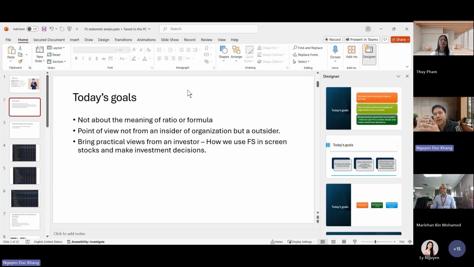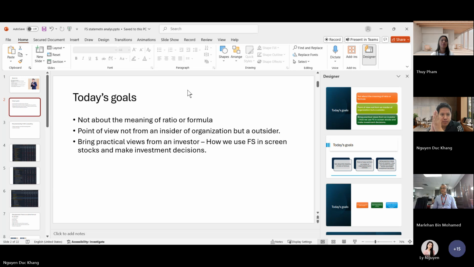In the finance world, there are financial and accounting people, and those are the insiders. Right now we are outsiders. We just know the company through their financial statement. So how can we read the statement?